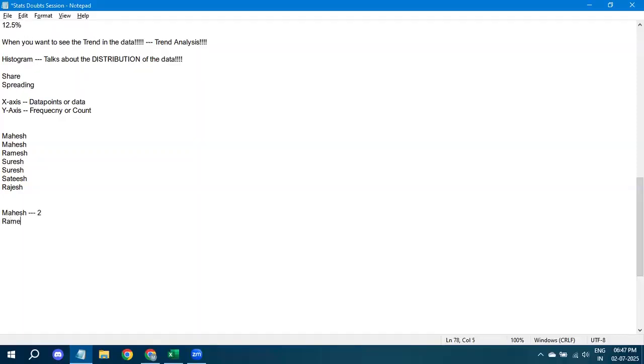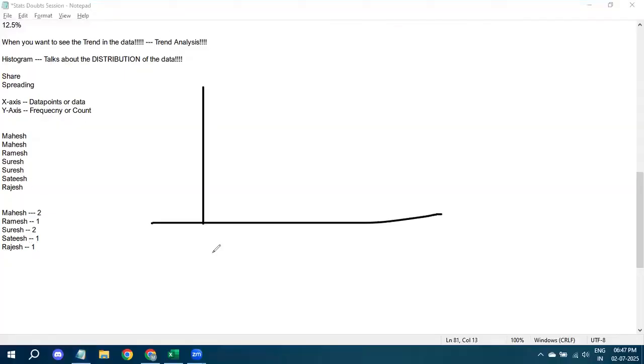How many times Ramesh is repeating? 1 time. How many times Suresh is repeating? Twice. How many times Satish is repeating? How many times Rajesh is repeating? 1 time.